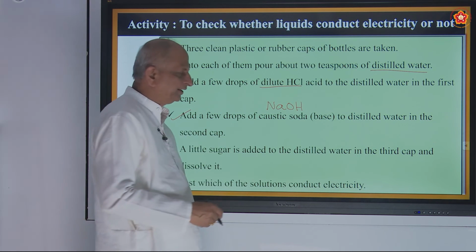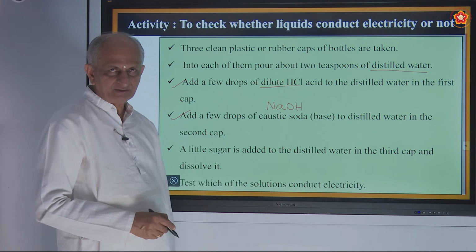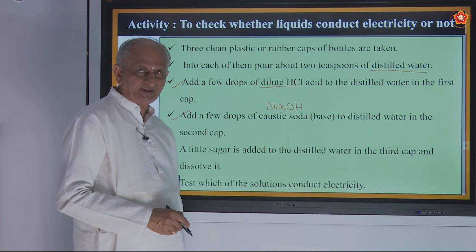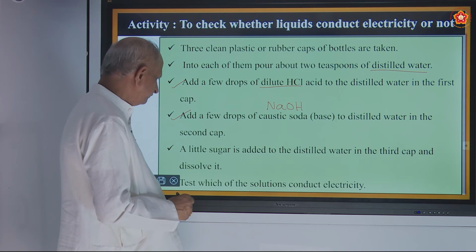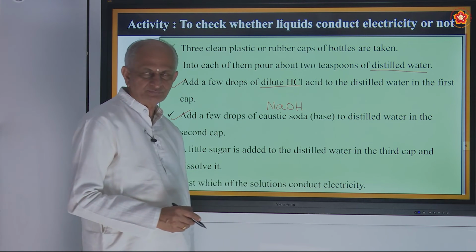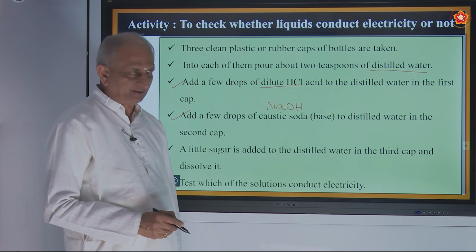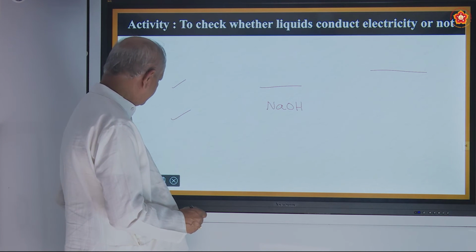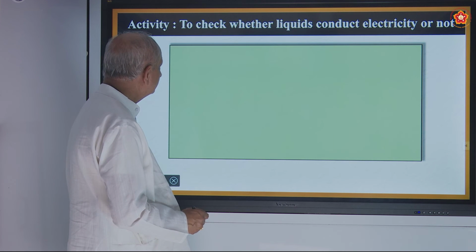Hence, we can conclude that all acids, bases and salts are good conductors of electricity in solution or in molten state. Whereas substances like sugar are not good conductors of electricity, which can be seen by the deflection of the magnetic compass.